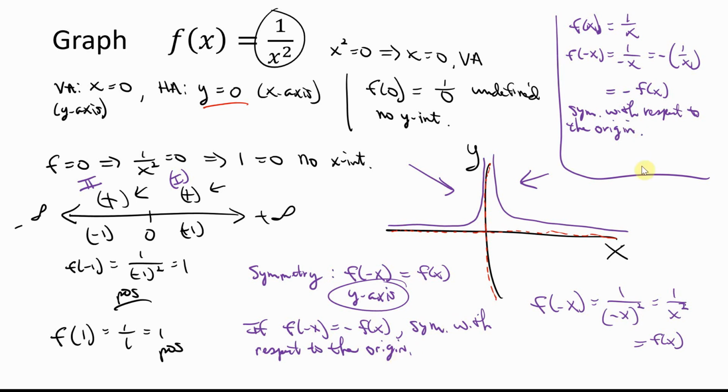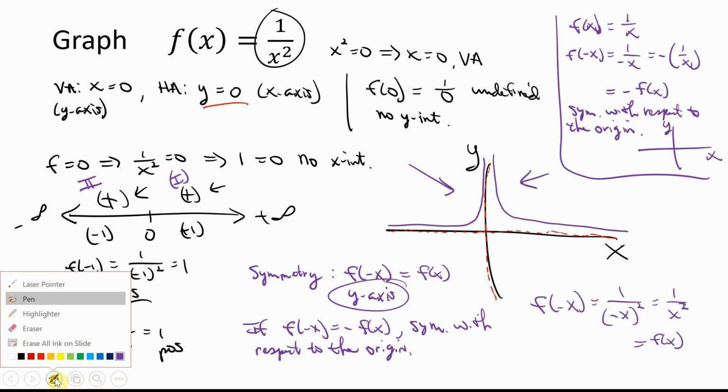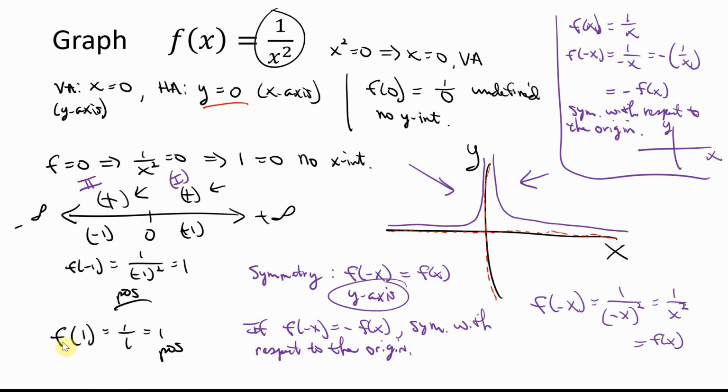Now how does that look? Well, remember this basic graph was this. So it's symmetric with respect to the origin. And that's what that means. You remember this problem here, this is not a rational function, but it was symmetric with respect to the origin as well.